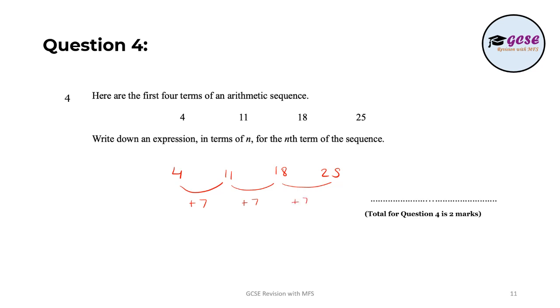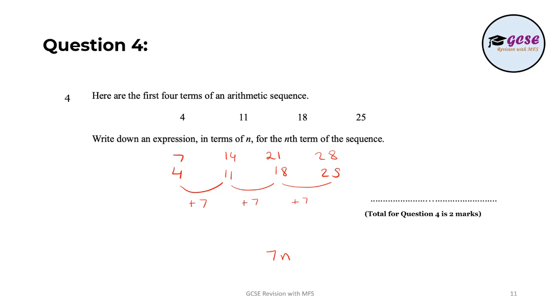So as you can see, we're adding 7 each time. So our coefficient of n, the number before n, is going to be 7. So we're going to have 7n. And because we're adding 7, we're going to write down the positive 7 times table at the top. So 7, 14, 21, and 28.